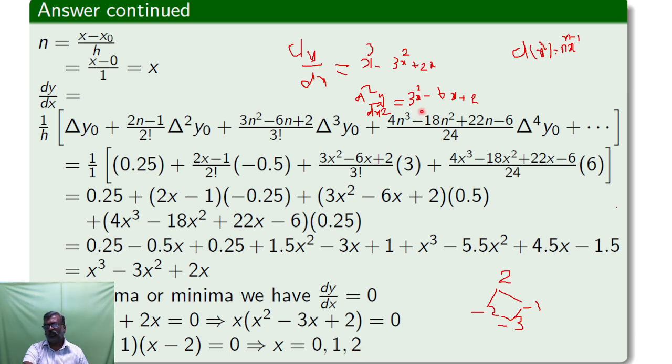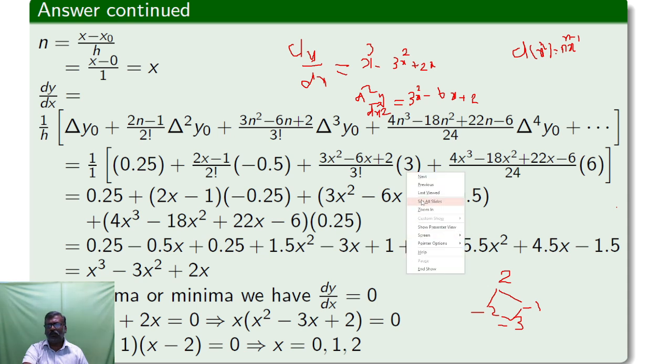When x equal to 2, its value is plus 2, again the function is a minimum. So for 0 and 2, the function is a minimum, and for 1, the function is a maximum. Substitute those values in your second order derivative to find whether it is a minimum or a maximum.